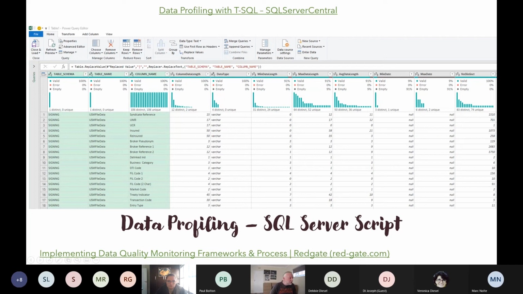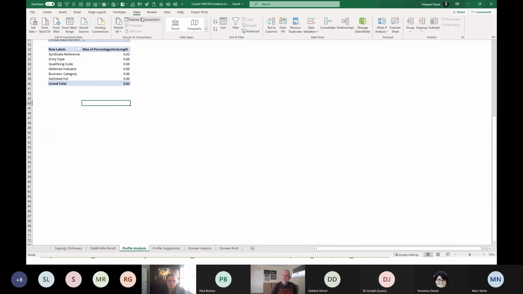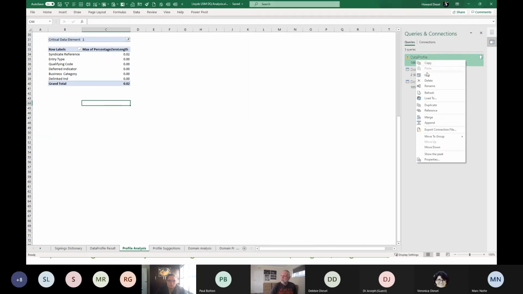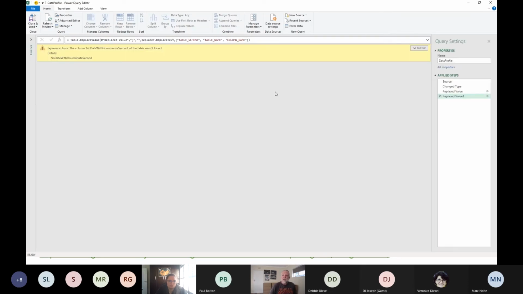Okay, so just to show you that I'm not making it up, here's my Excel that I had, and if I go to the data and look at my queries and connections, if I then go and edit my DQ profile, and this is something that we did yesterday, we actually spoke about. Oh dear.